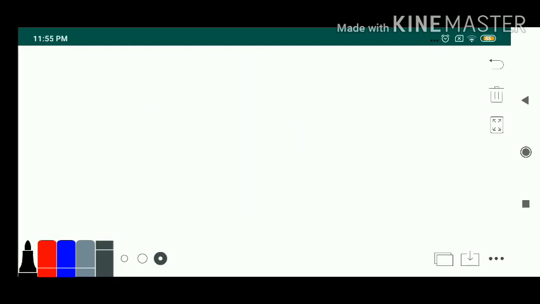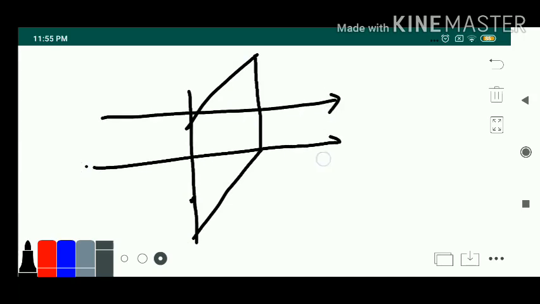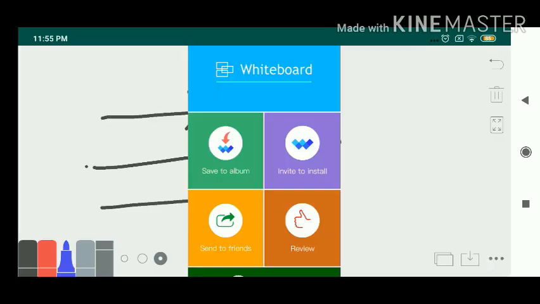Now I have to draw the area vector also. So let's draw the coil in a larger way. This is my coil, and say these are the magnetic field lines. Now how will the area vector be? It should be in this direction, perpendicularly drawn from the face of the coil.